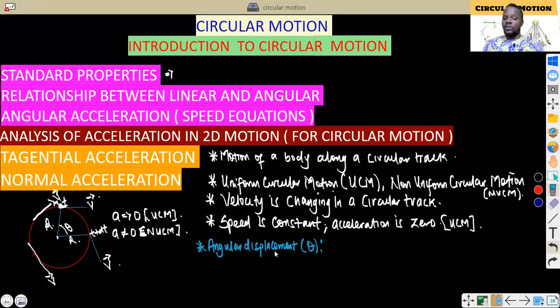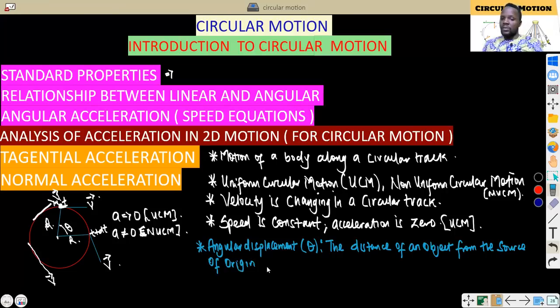So angular displacement is the distance covered by an object from the source of origin. It is expressed numerically as theta.